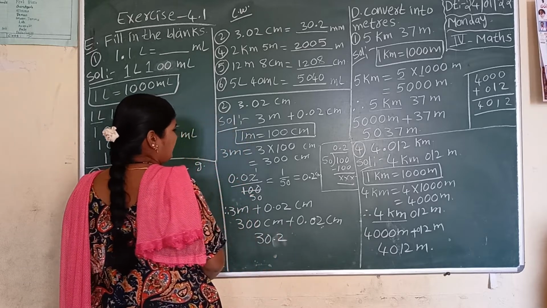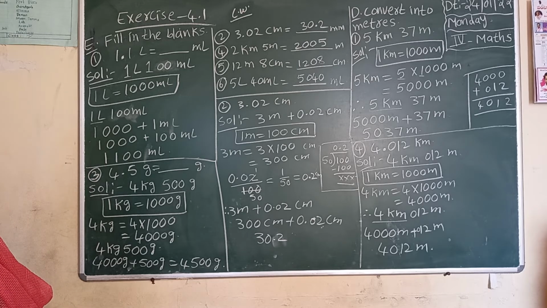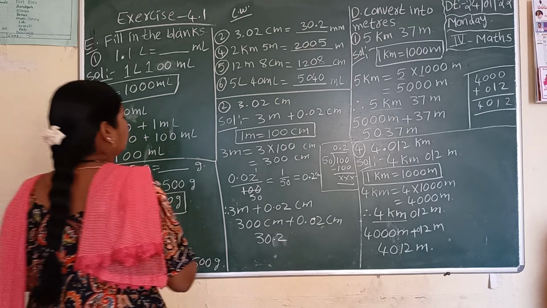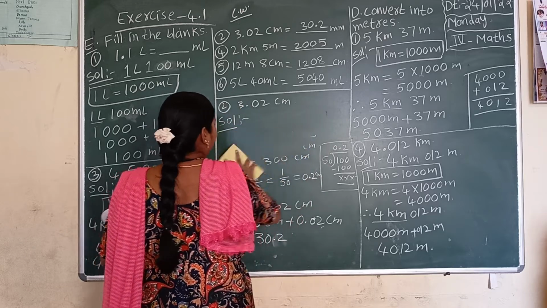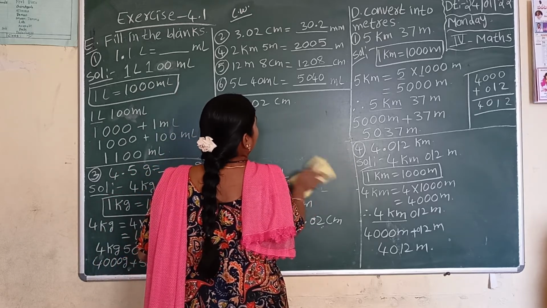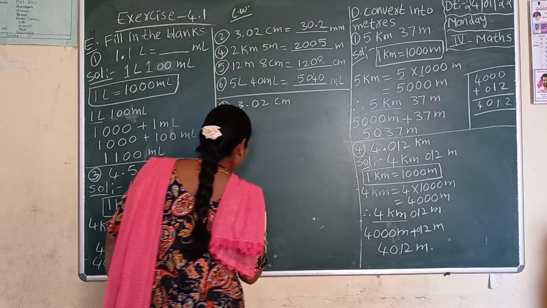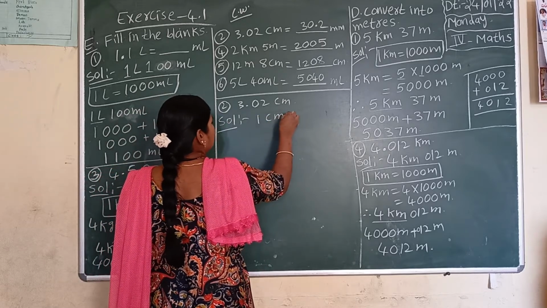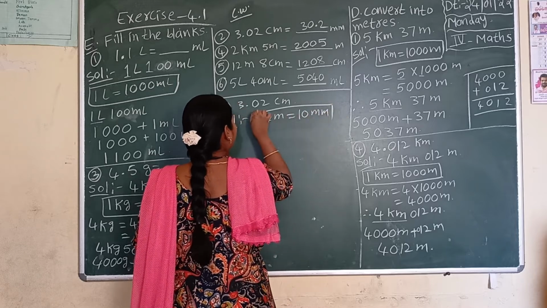Converting into millimeters means multiply by 10. 1 centimeter is equal to how many millimeters? They are asking me to convert into millimeters now. Here you have to use the millimeters formula. 1 centimeter is equal to 10 millimeters.